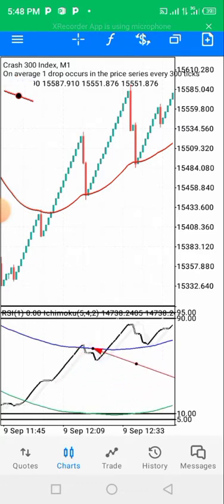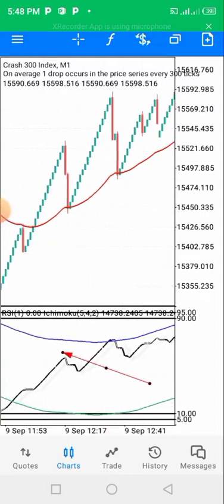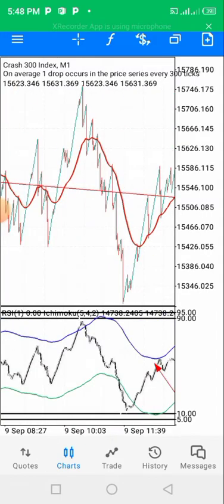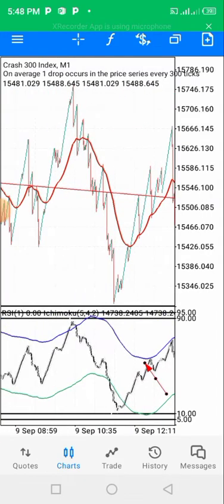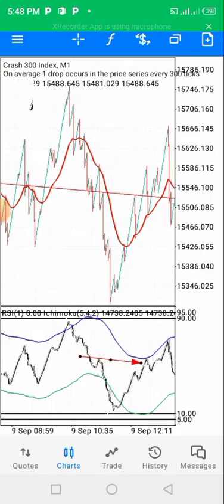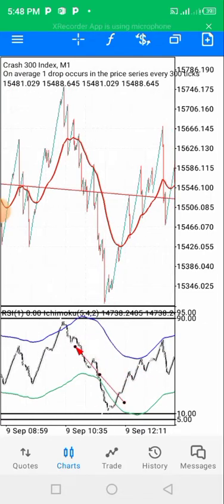So the blue indicator you're seeing here actually helps to tell you when you should place your trade, because as you can see, the moment the black indicator touches the blue line here, and you look over your main charts, you will see that there was a spike.